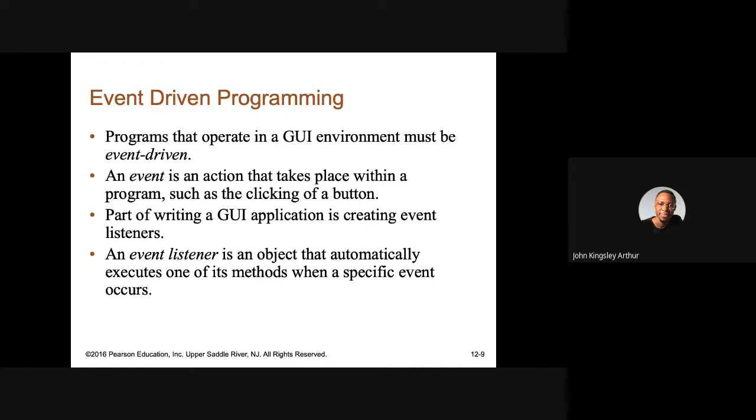Okay, so let me make it much easier for you. Like we said earlier, an example of an event is clicking a button. Now, anytime you click on the button, you expect that something should happen, isn't it? Based on what the button is defined for, it should behave as such. In some cases, you click on the button and you want it to close the window.